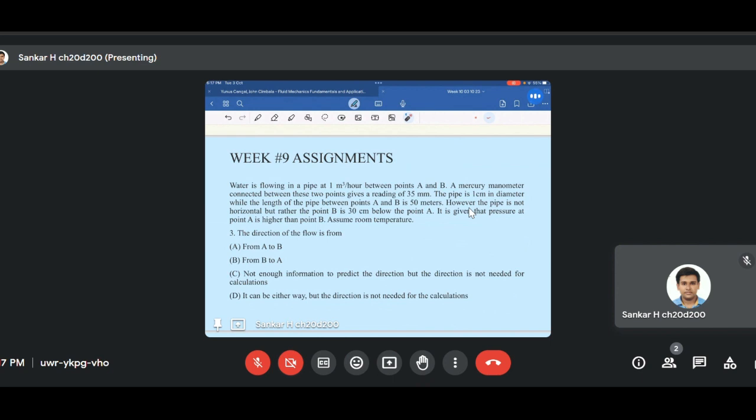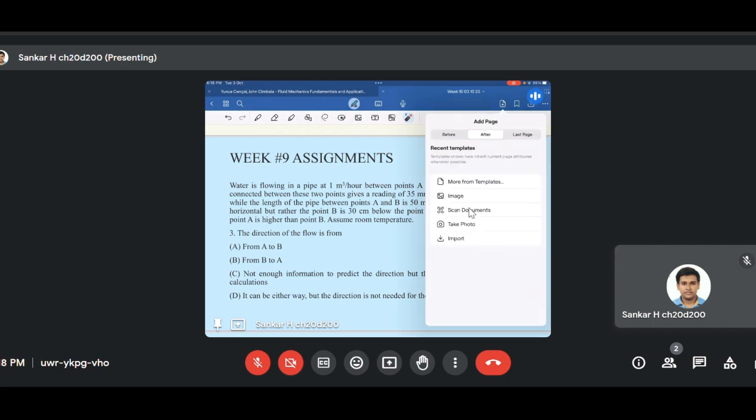However, the pipe is not horizontal, but rather the point B is 30 centimeters below point A. It is given that the pressure at A is higher than that at B. Assume room temperature. So the first question is whether the direction of flow is from A to B, or B to A, or it cannot be determined or there is not enough information to predict.